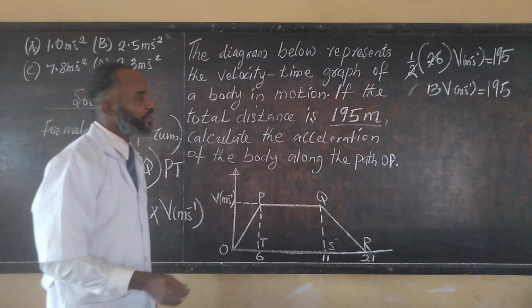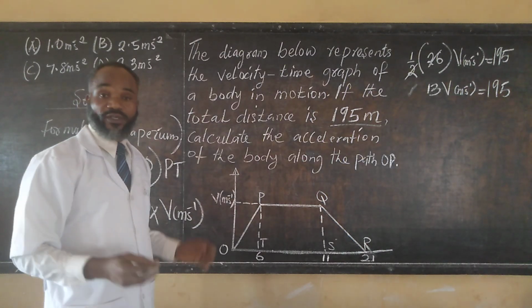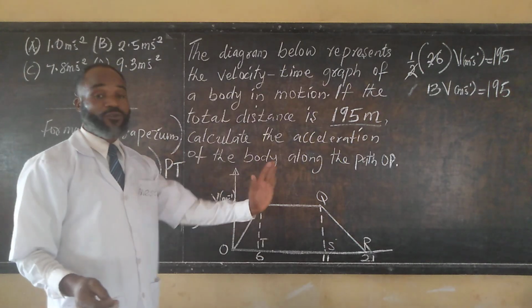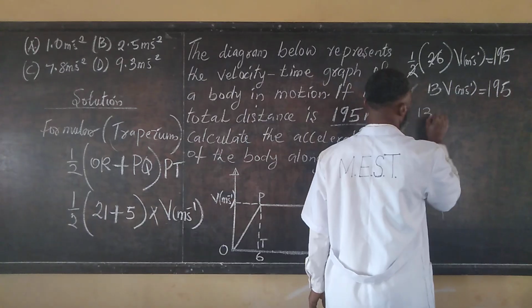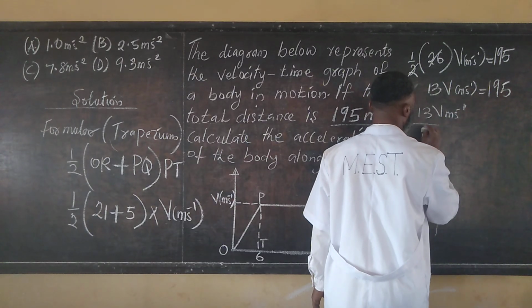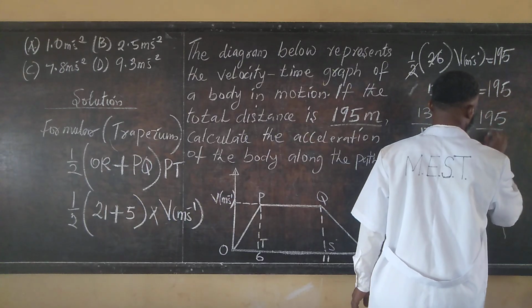Alright? What next? We need to find the value of the velocity of the body in motion by dividing through by 13. So we can say 13V over 13 on this side is equal to 195 over 13.